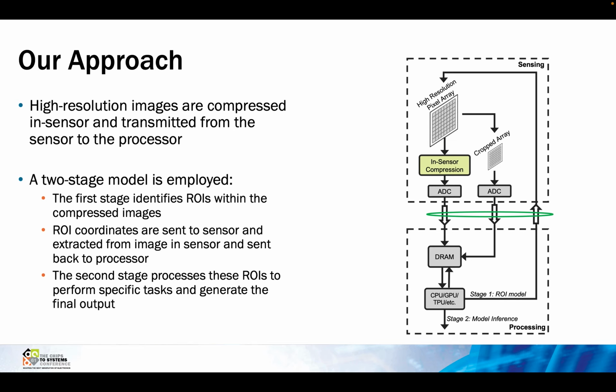The second stage then processes these ROIs to perform specific tasks and generate the final output. This is a way more efficient approach because we reduce the overall number of analog to digital converters required, we reduce the overall data transfer, and we also reduce the memory capacity requirement.